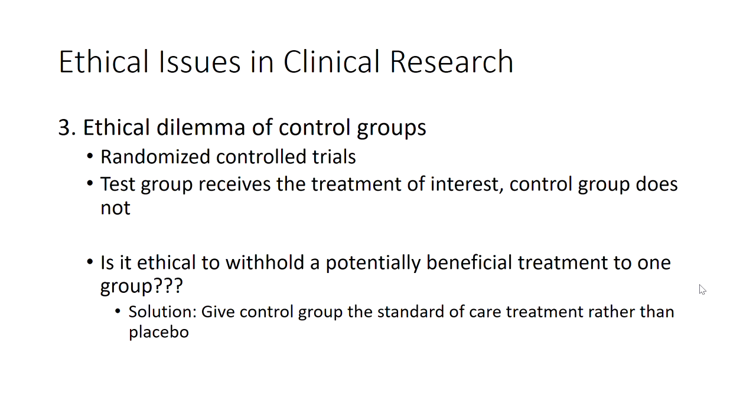And also, if it's doing super well, they might start giving it to the control group because it's not ethical to withhold it. So there are a lot of ethical concerns with the control groups as well as the experimental groups, and you need to make sure that you preserve human rights and dignity and do what's best for them.